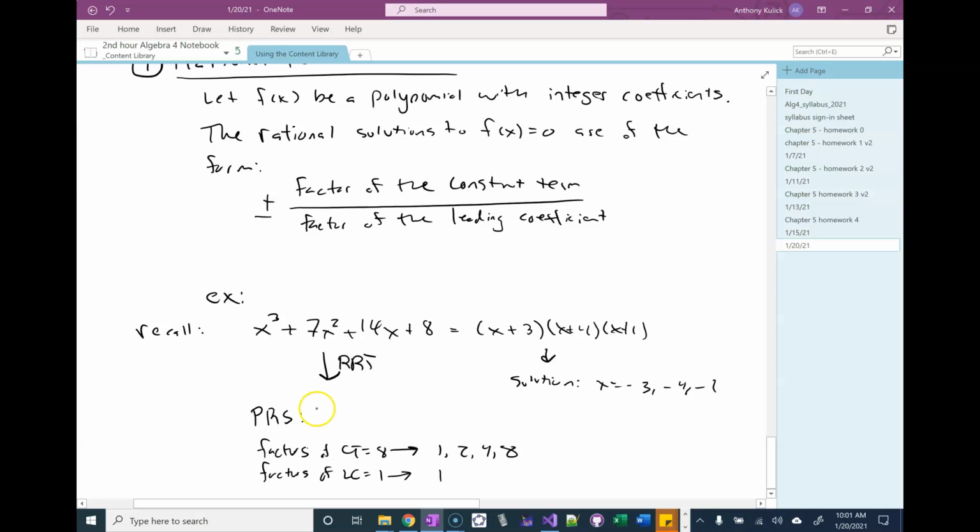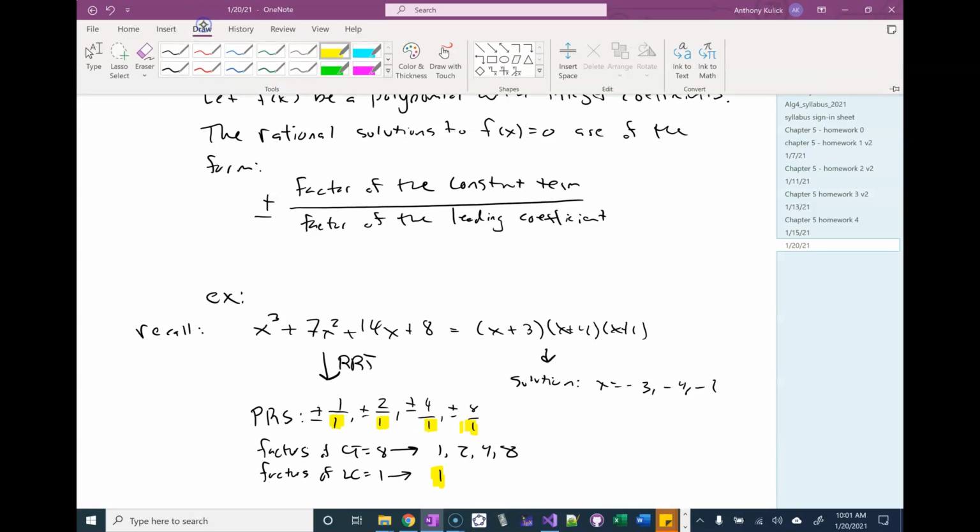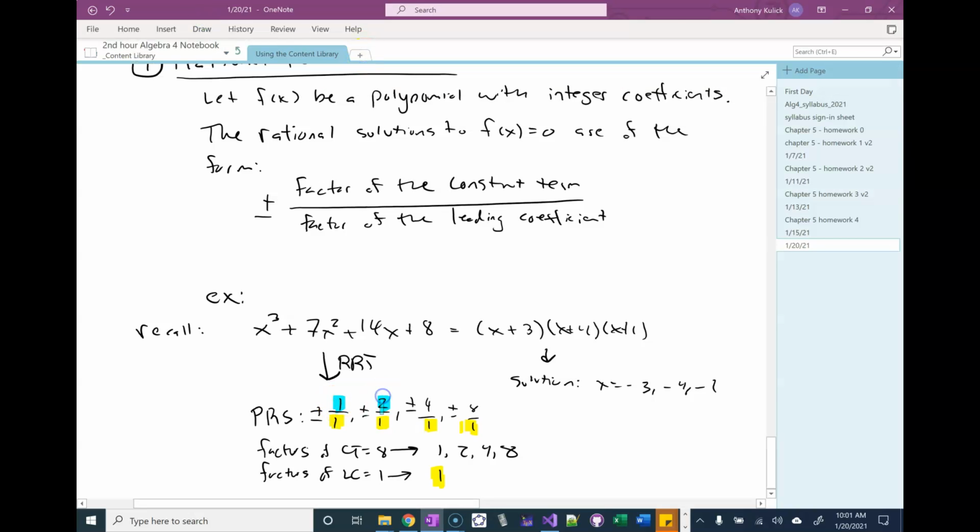So my possible rational solutions are plus or minus 1 over 1, plus or minus 2 over 1, plus or minus 4 over 1, and plus or minus 8 over 1. The denominator is the factor from the leading coefficient, and the numerator is a factor from the constant term.